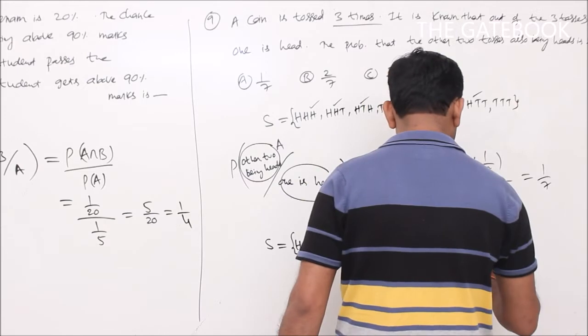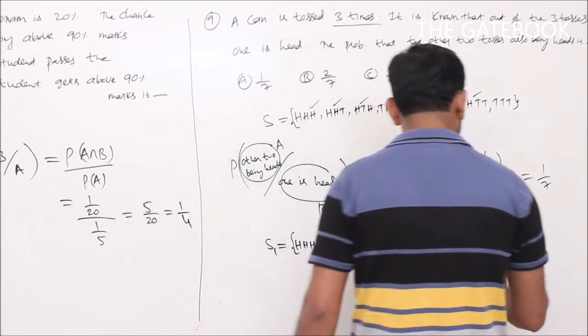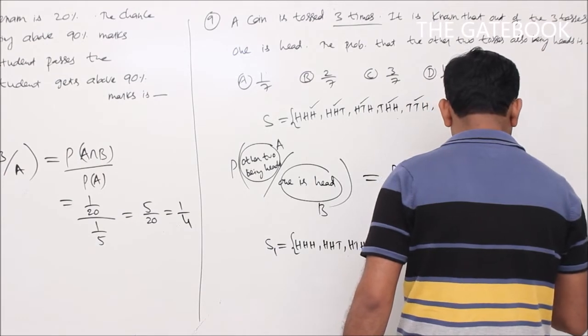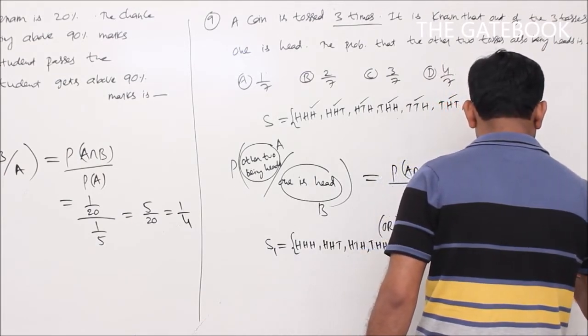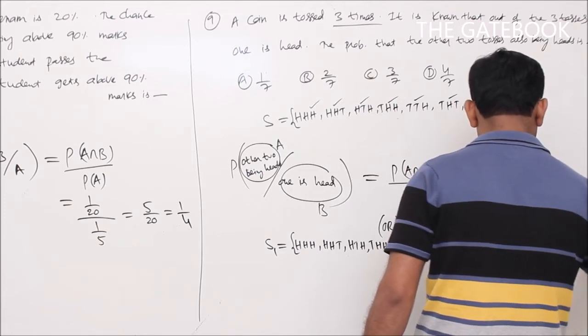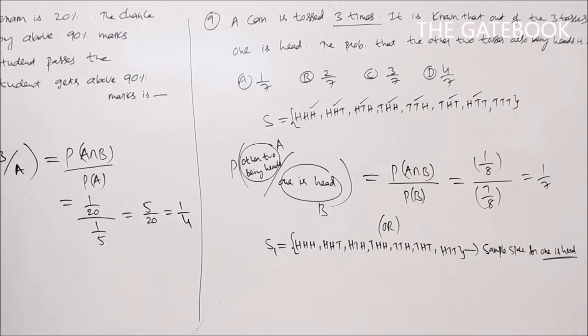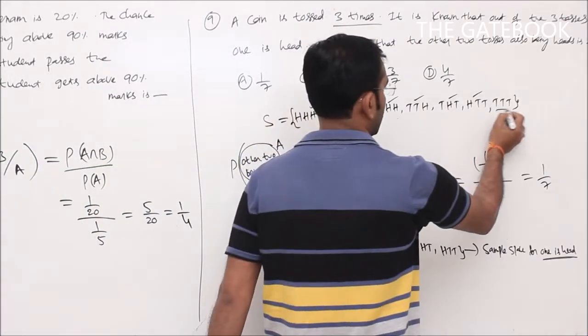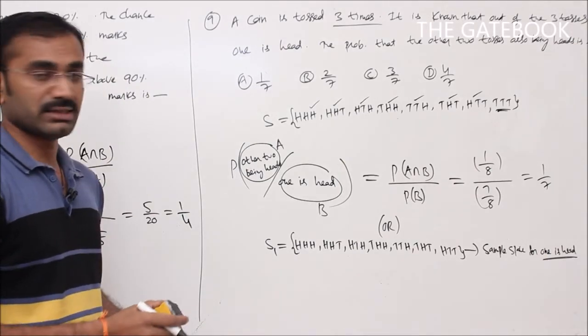This is the sample space. I'm redefining the sample space, that is S1 here. This is the sample space for one is head. I'm removing the all-tails outcome. If you remove all tails, you get the sample space for one is head.